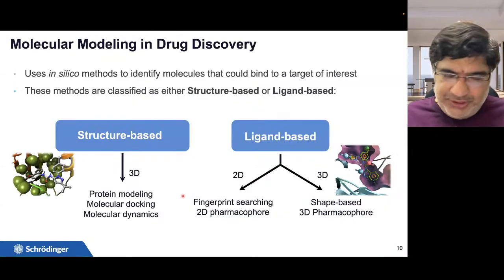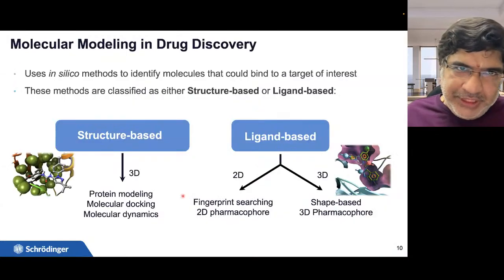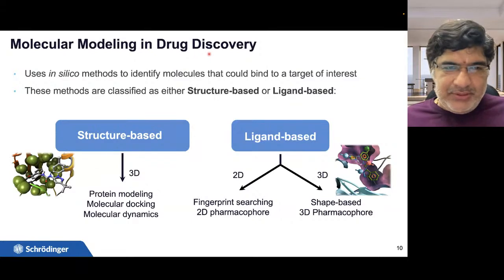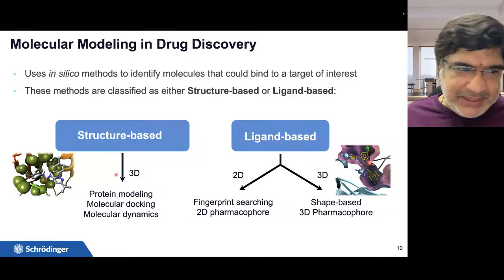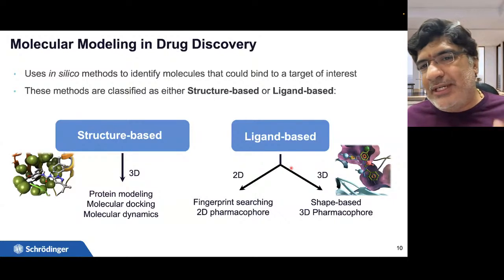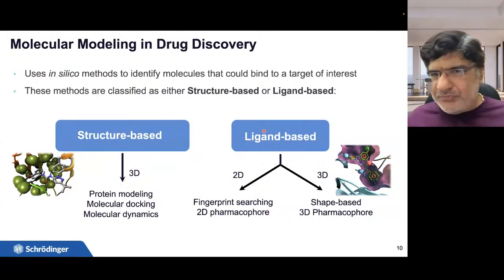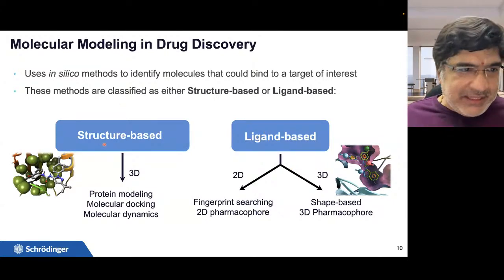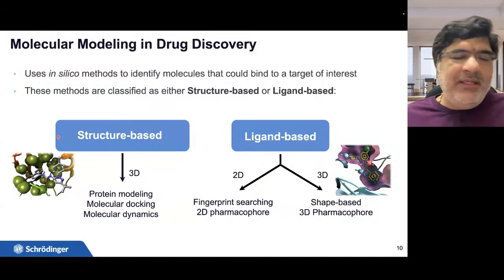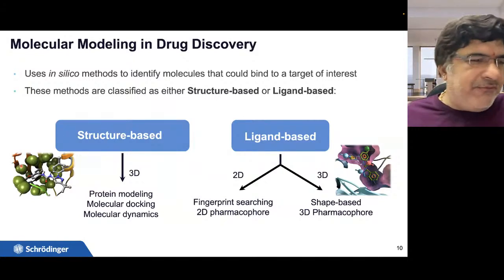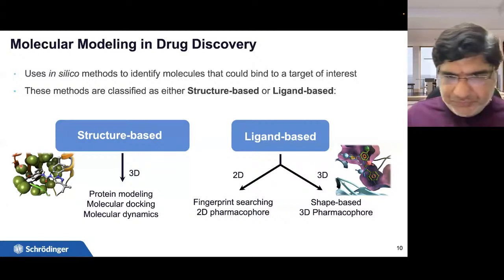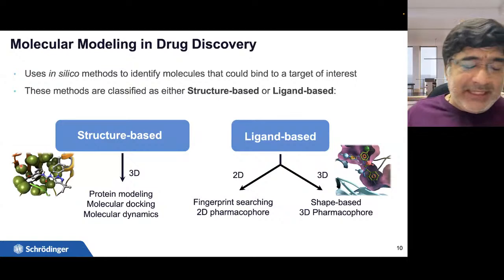There are two approaches. So when we are talking about computational drug discovery, there are two approaches. The first approach is called as structure-based drug discovery, and the second approach is called as ligand-based drug discovery approach. In structure-based drug discovery, we literally use the information of the protein. Okay, so where is the binding site? So protein is made up of amino acid residue.